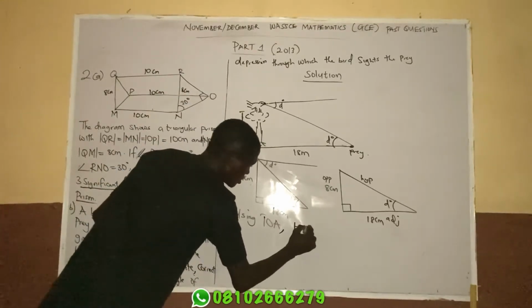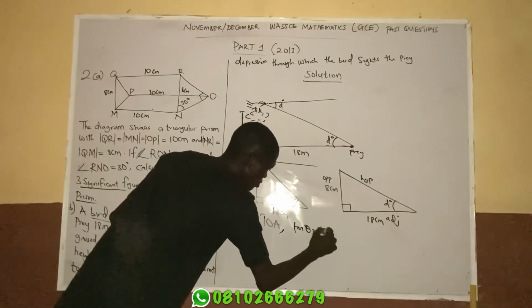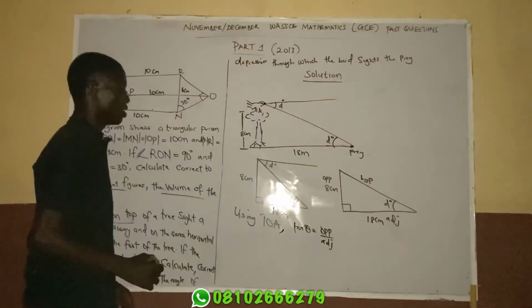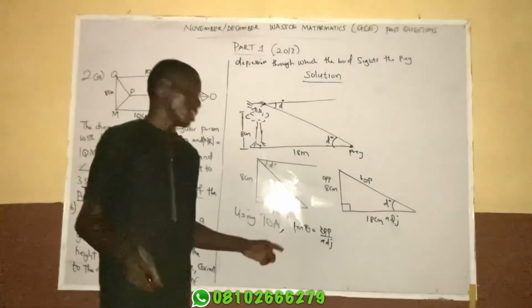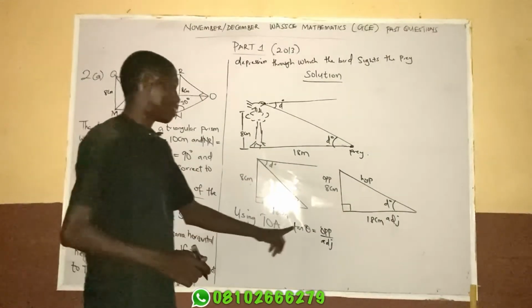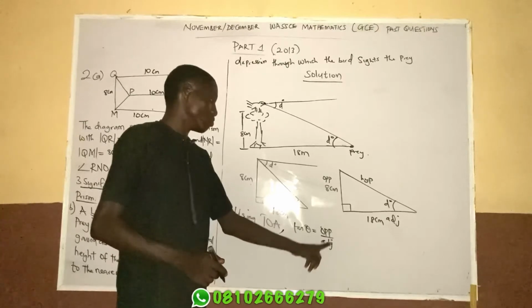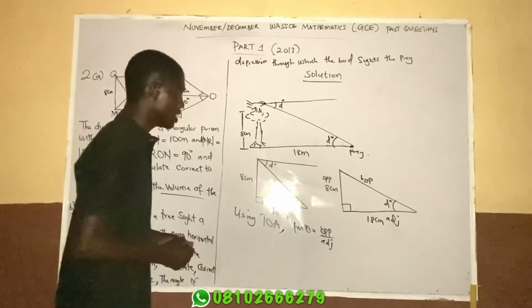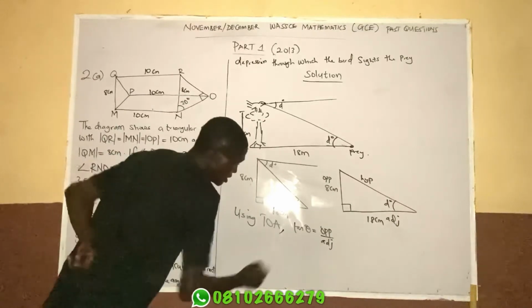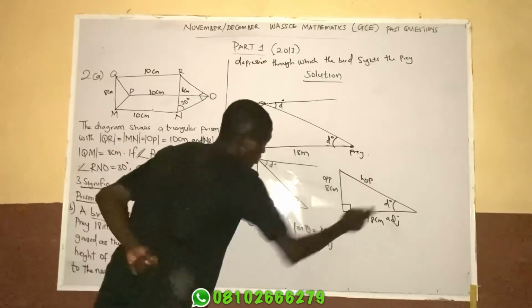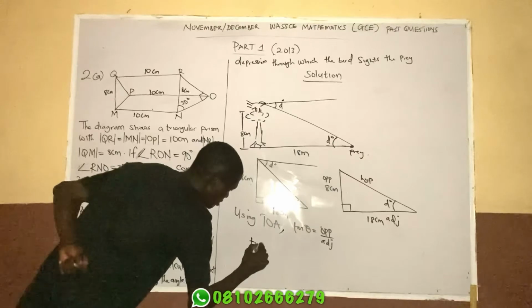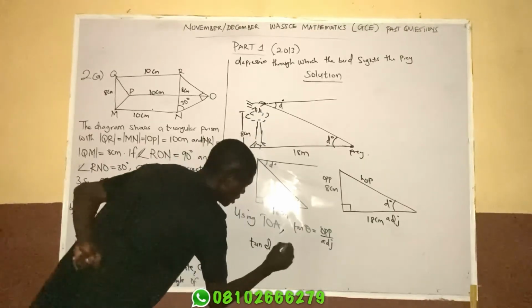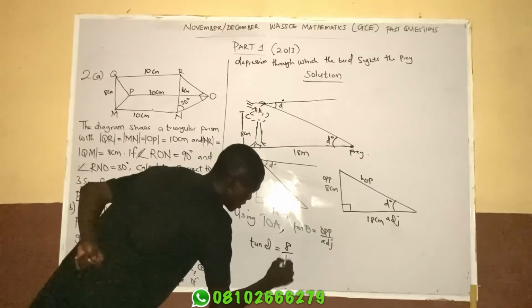Tan theta is equal to opposite over adjacent. Your angle here is D, so we have tan D equal to 8 over 18.